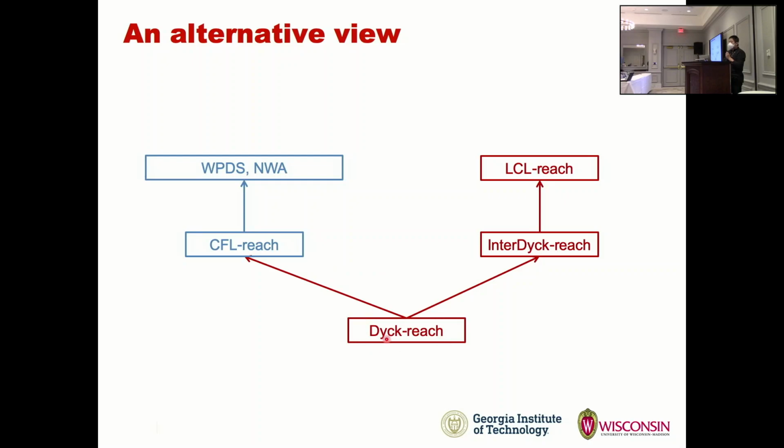So first, Dyck-reachability, which essentially describes properly matched parentheses, is the least expressive variant among everything. And on top of that, multiple Dyck-reachability essentially matches multiple Dyck-reachability problem instances simultaneously, which is a superset of Dyck-reachability. And on top of that, it is a special class of the more general class called the linear conjunctive language reachability problem instance.